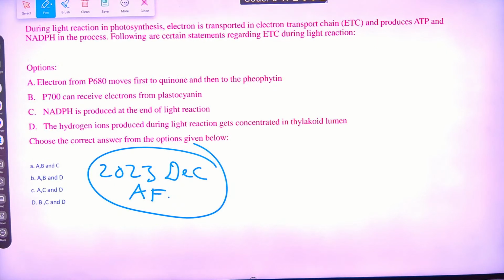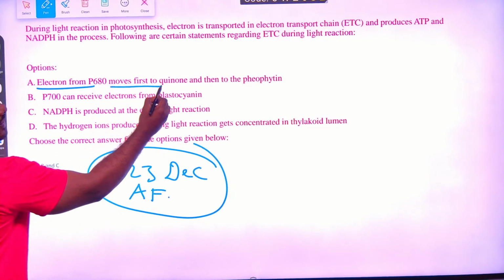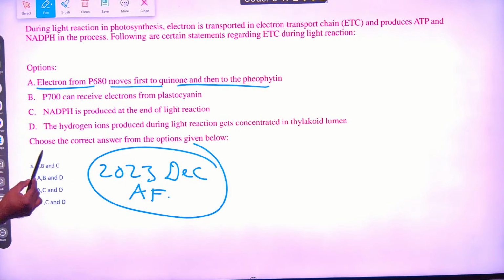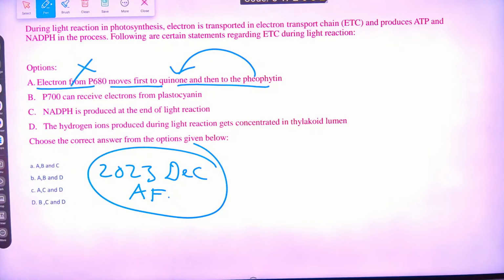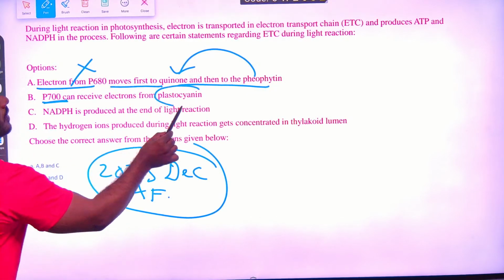Alright, this can be easily answered as she said. Electrons from P680 first move to what? Quinone, then to pheophytin. Absolutely wrong statement, because first to pheophytin, then to the quinone. So based on the options also we can come to a conclusion that this is BCD. Anyway, let's see that P700 receives the electron from plastocyanin.